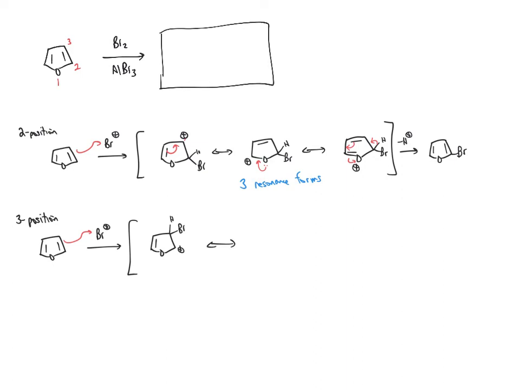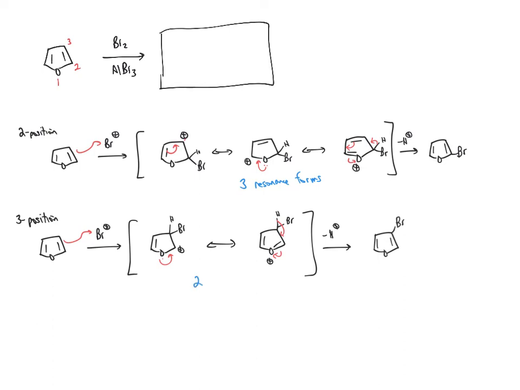I can do resonance delocalization, only this time with the lone pairs on oxygen. All right, so then loss of a proton would give me reestablishment of aromaticity, and I've got a bromine at that 3 position.